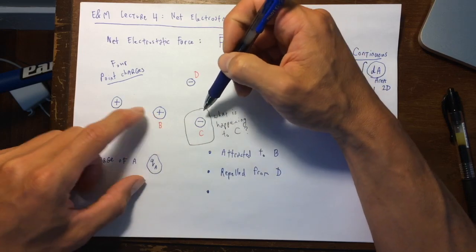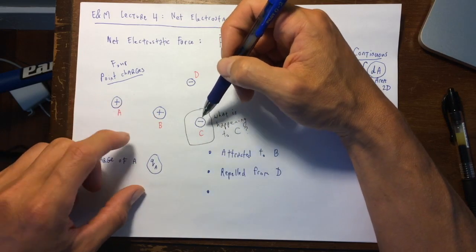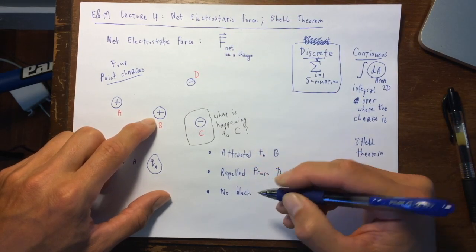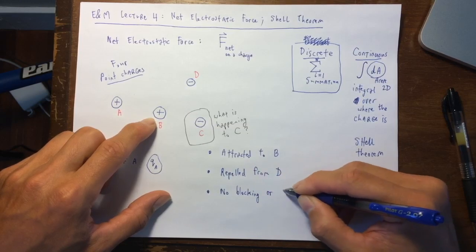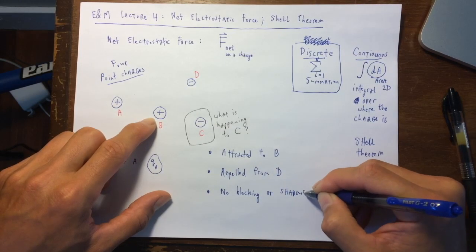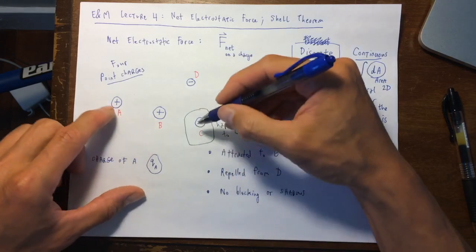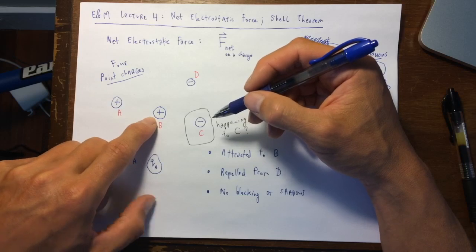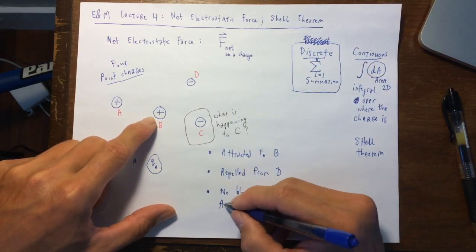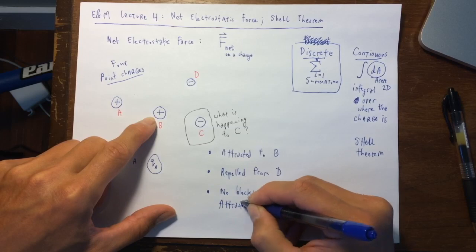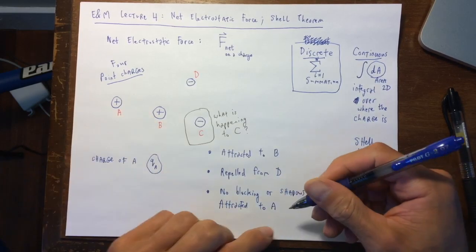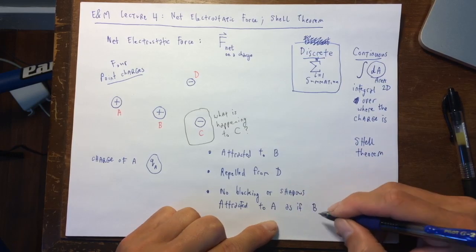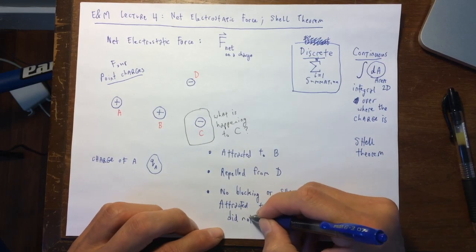B is in between A and C. But what I mean by no blocking or shadows is there is an attraction to A that's independent of the fact that B is in the way. So attracted to A, as if B did not exist.